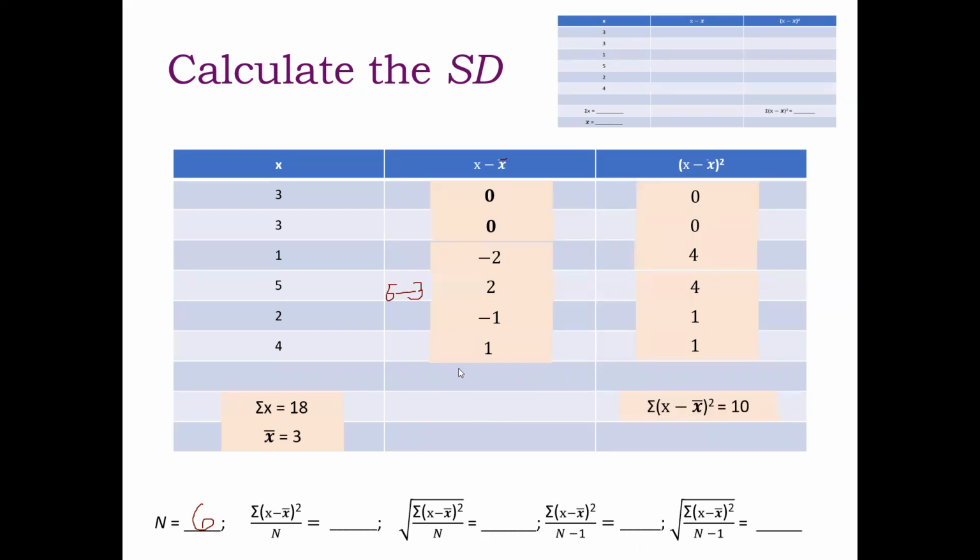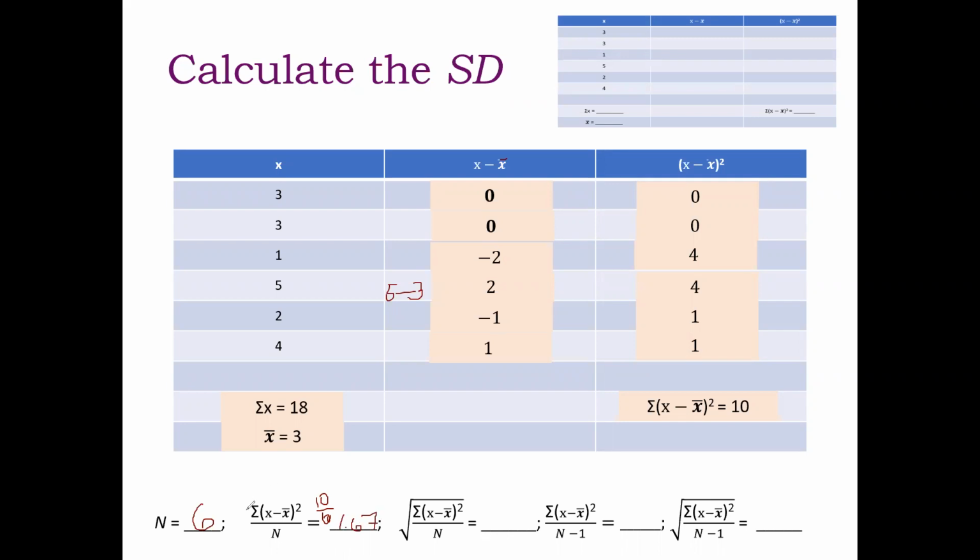Okay. Then we have to plug all these into the formulas below. So let me get my pen out here. So right here, this is going to be 10 divided by 6. All right. Which is 1 1/3.